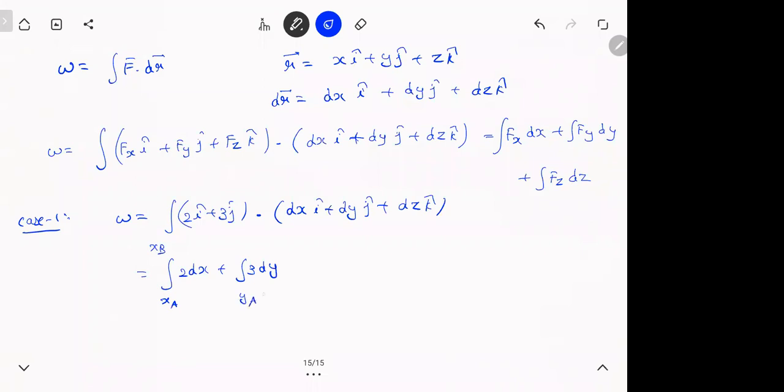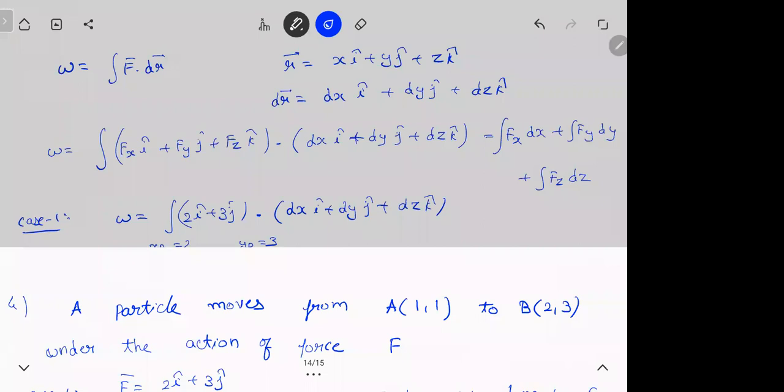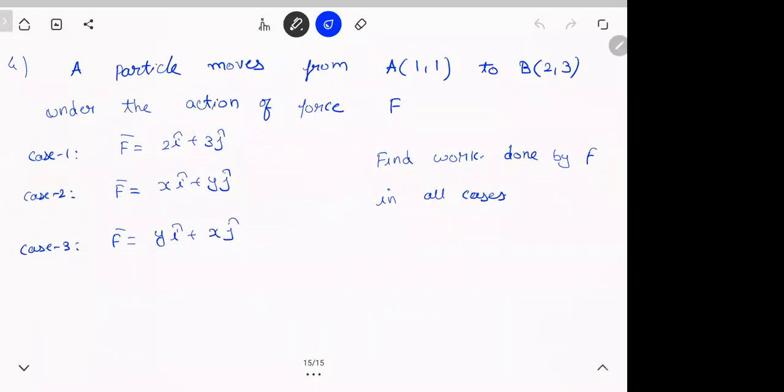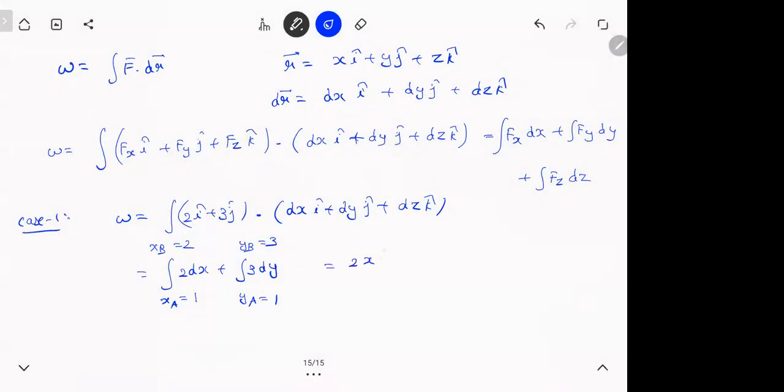Here you're going from ya to yb. How much is xa? 1. How much is ya? 1. xb is 2, yb is 3. You're going from (1, 1) to (2, 3). So this will be 2 times x from 1 to 2, plus 3 times y from 1 to 3. That is 2 times (2 minus 1) plus 3 times (3 minus 1). That is 8 joules. This is how you integrate.